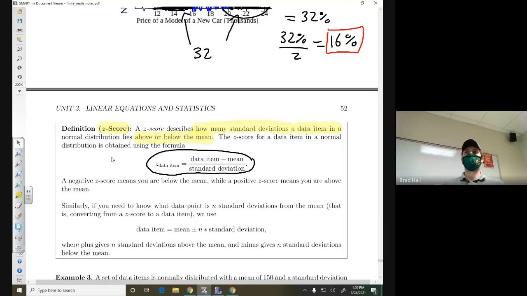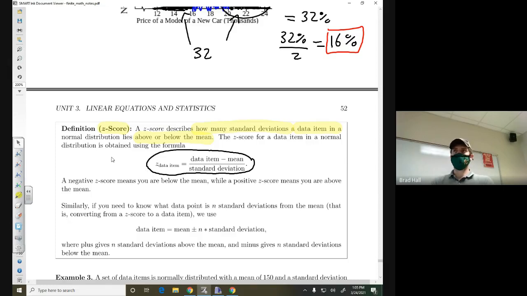So every data value has a z-score. If I found your age, whatever that age may be, that age can be converted to a z-score. And you may have a different z-score, it just depends on whatever that number is. So every raw data value has a corresponding z-score.